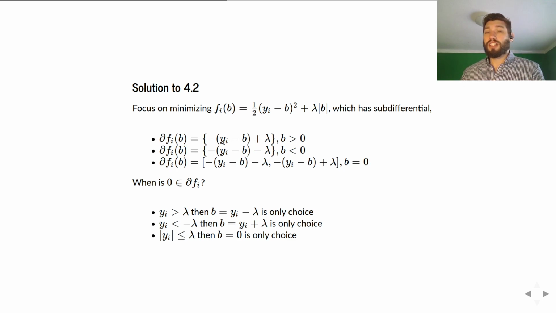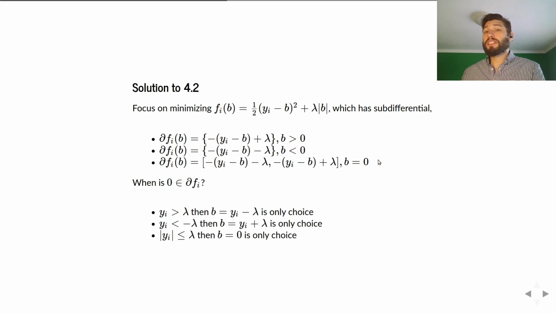So we end up getting the singleton minus (y_i minus b) plus lambda. On the other side, if b is negative, then we have minus (y_i minus b), the same derivative as before, but now we have minus lambda because the subdifferential of the absolute value is minus 1 in this case.